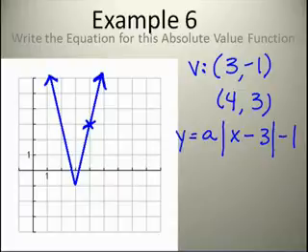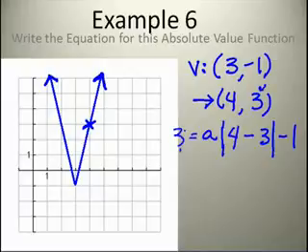And then I'm going to substitute the 4 and the 3 of this point into my equation for my x and my y. So this x is going to become my x value, which is 4. And my y value is going to become this 3. So I'm going to have a 3 right here.